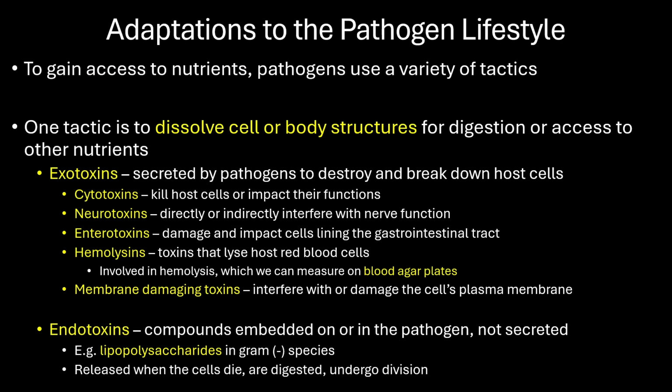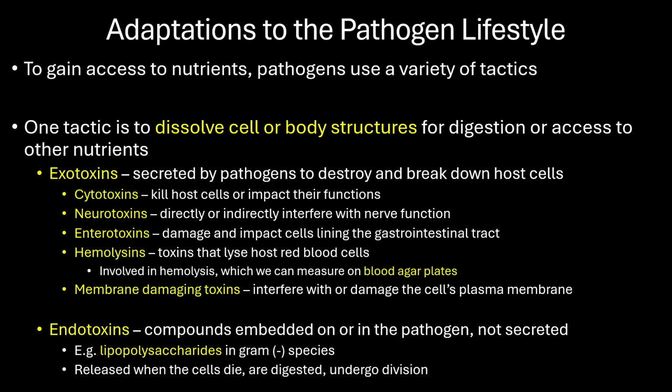To gain access to certain nutrients they need, pathogens have to use a variety of tactics. One tactic that a lot of bacteria and fungi use is to dissolve individual cells or attack body structures, break them down and digest their raw materials, or otherwise access their nutrients. To do this, a lot of these organisms can produce exotoxins. These are toxins that are secreted by the pathogen.